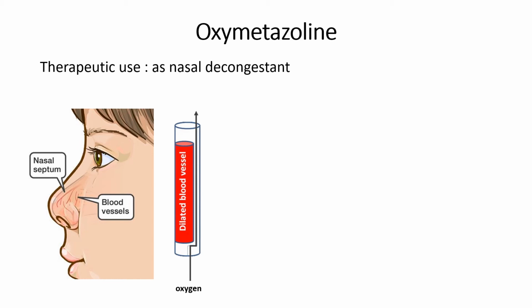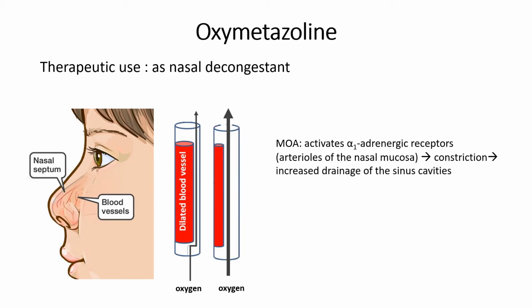So it acts on alpha-1 receptors in the arterioles of the nasal mucosa. Consequently, this would result in constriction, thereby resulting in decreased blood flow and decreased nasal congestion. So basically, it increases drainage of the sinus cavities.